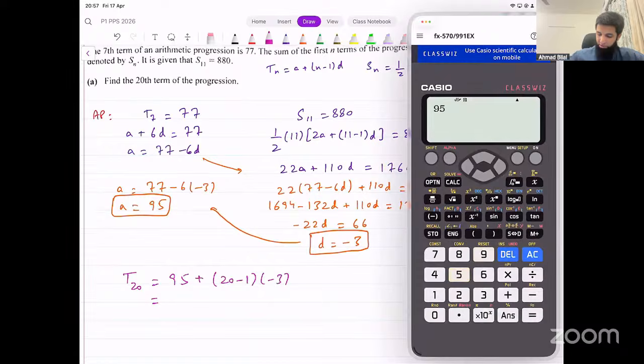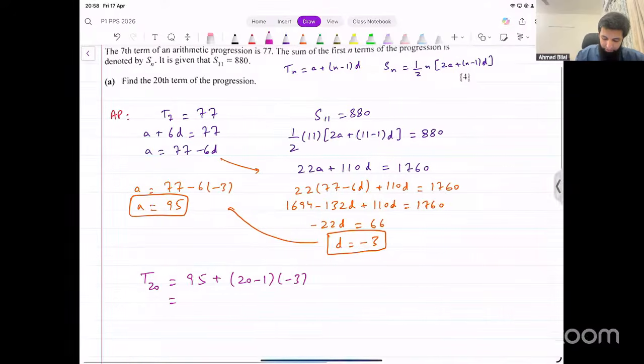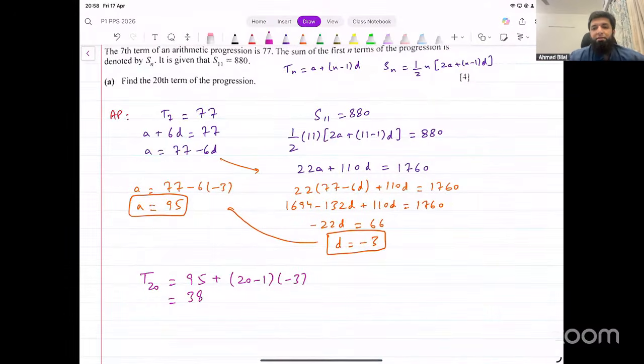Okay, I'll just verify that as well. 19 into -3. Yeah, so it's 38, not 28. 38. That's the one that we're getting, okay? That's the value of the 20th term.